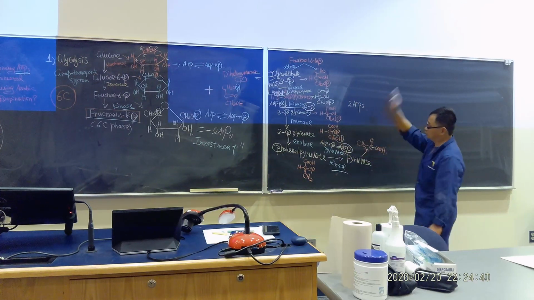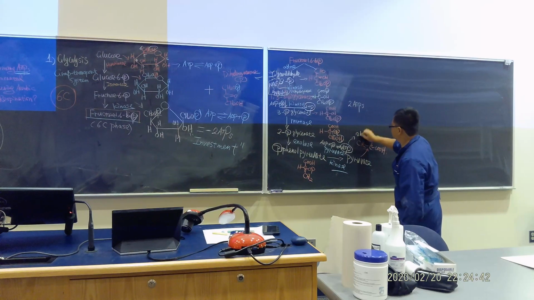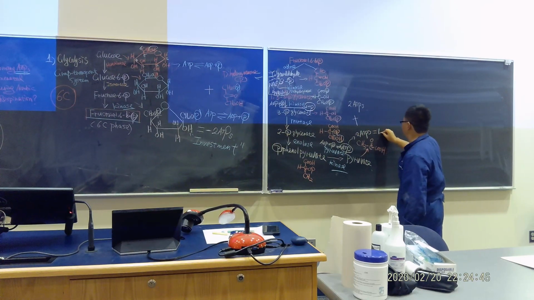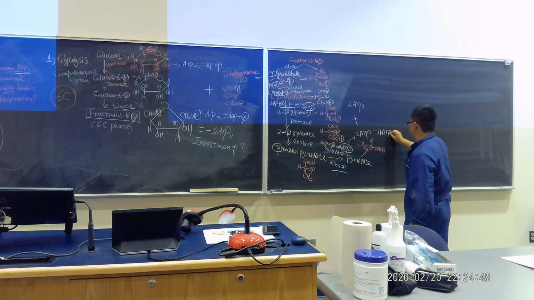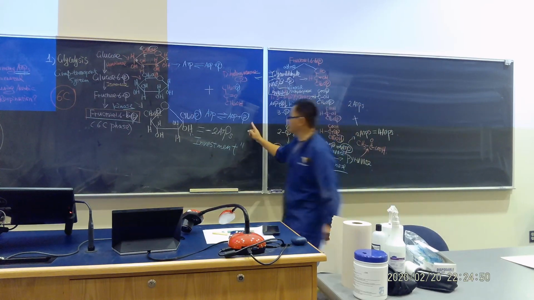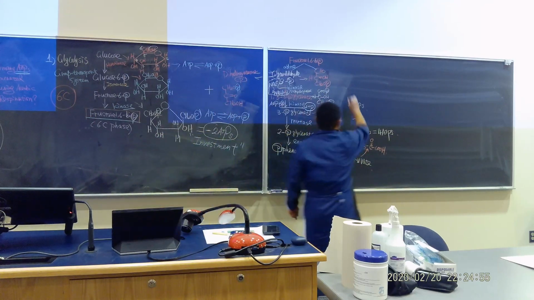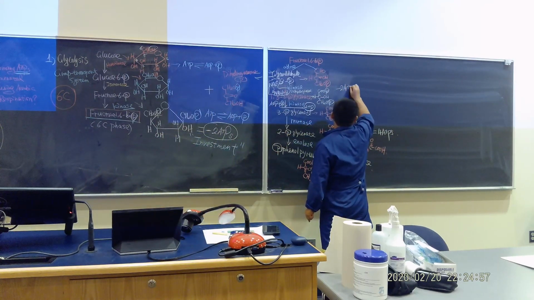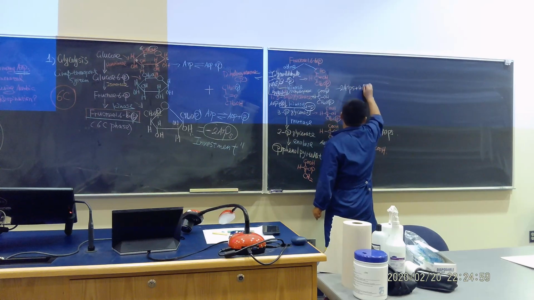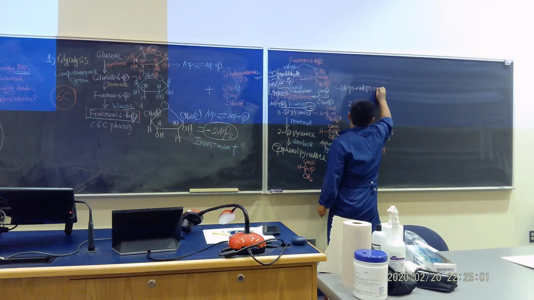Right here, 2 lines. So 2 ATPs right here. Added up together equals 4 ATPs. And then during the investment phase, we hydrolyze 2. So the total is minus 2 ATPs, add 4 ATPs equals 2 ATPs.